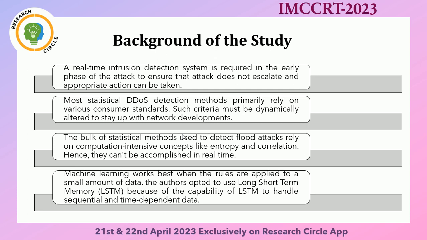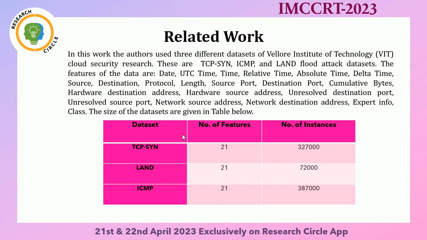The amount of data that traditional machine learning techniques can manage is one of their main drawbacks. In comparison, deep learning can process and recognize patterns from enormous amounts of data. This is the background of this study.